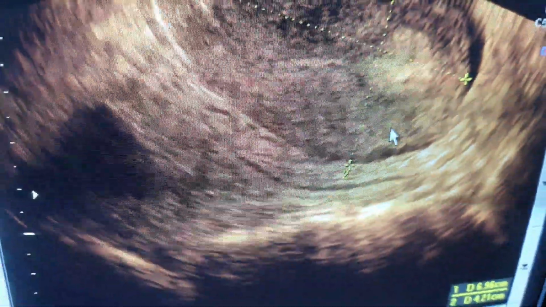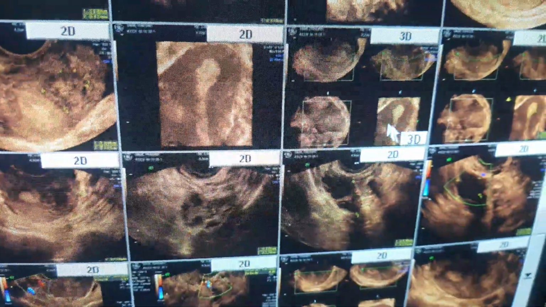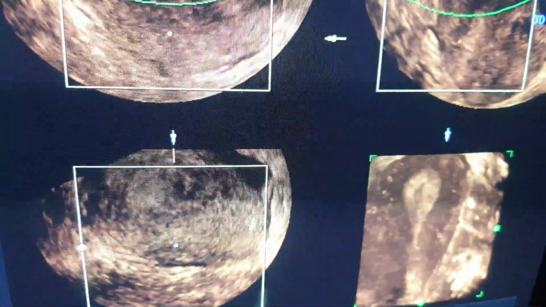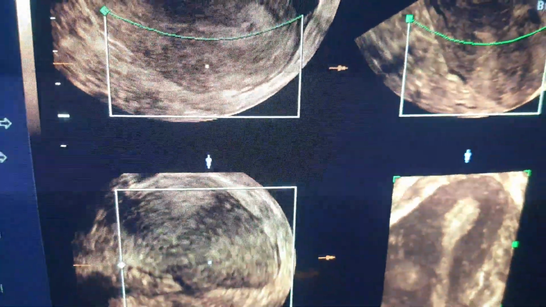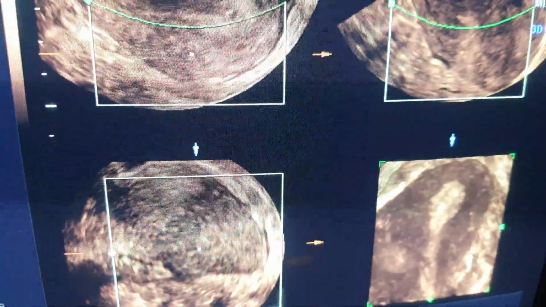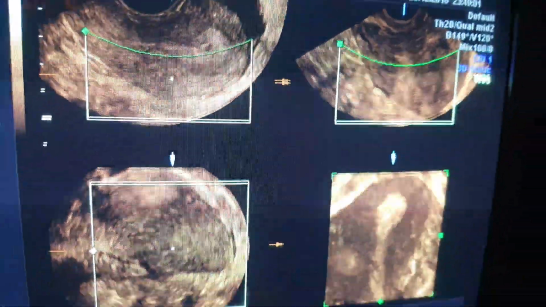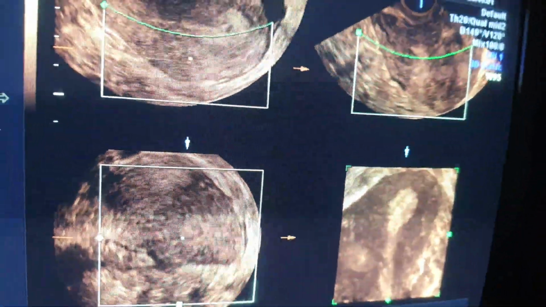So let's see how we get the 3D. These are saved data, and you can use the 3D ultrasound on your saved picture to get what you want, or to get the volume, and you analyze this volume to reach the diagnosis. So let's see together now how I work on this 3D ultrasound scan or volume.